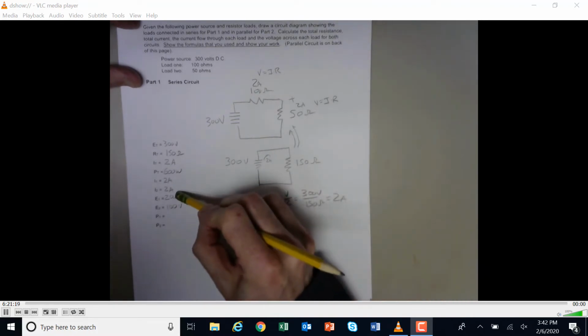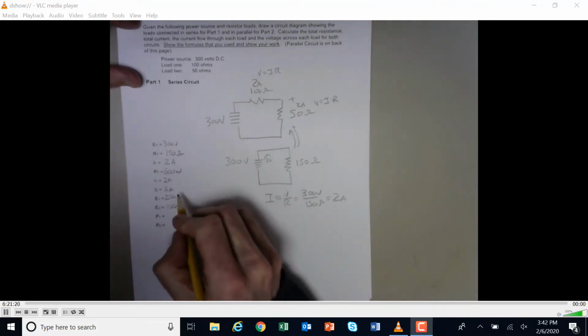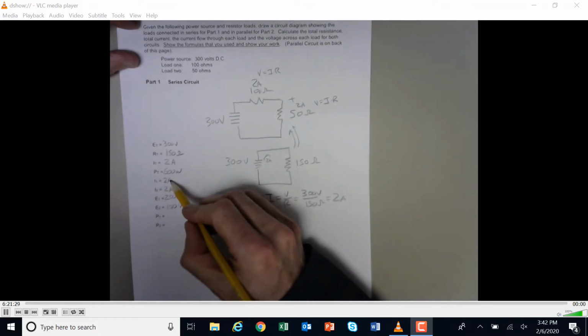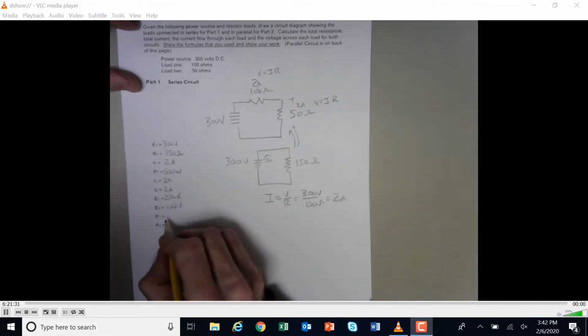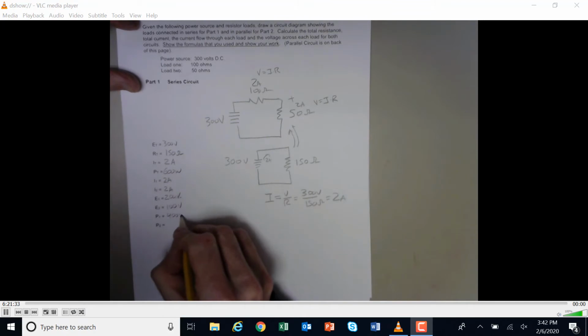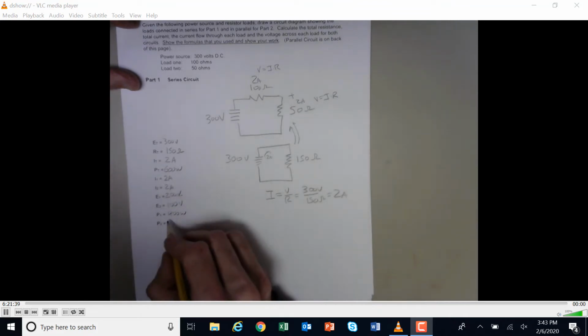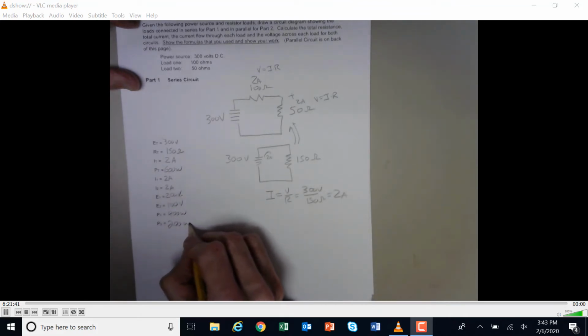And finally, power equals VI. So I've got 2 amps times 200 volts. This one is 400 watts. Power is V times I. So the second one is 2 times 100 is 200 watts.